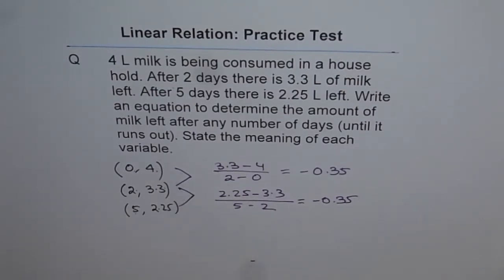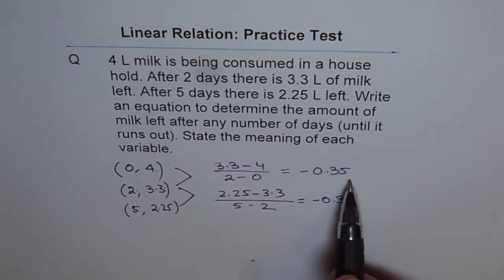Since the rate of consumption is constant, we can write this expression in the form of a linear equation. Since the rate of change is constant, it is a linear relation. And we see every time the consumption is 0.35 liters per day.